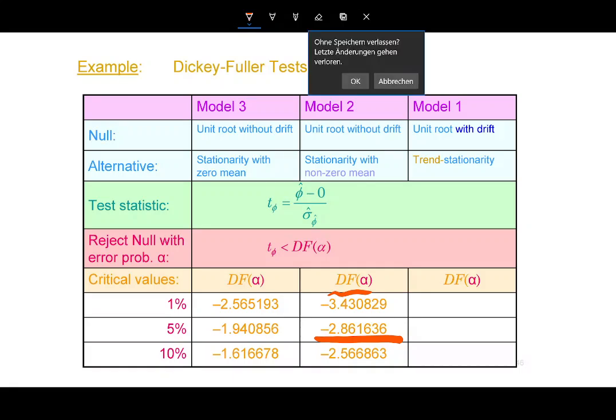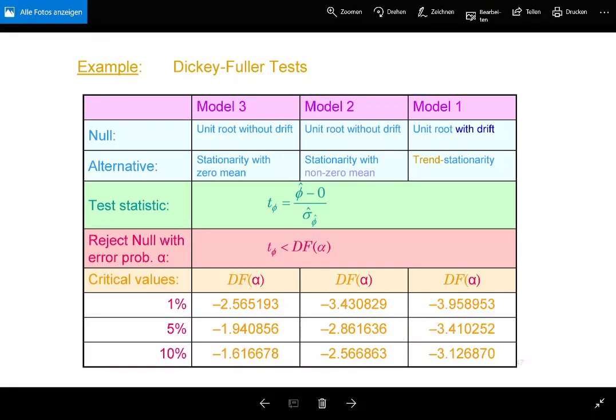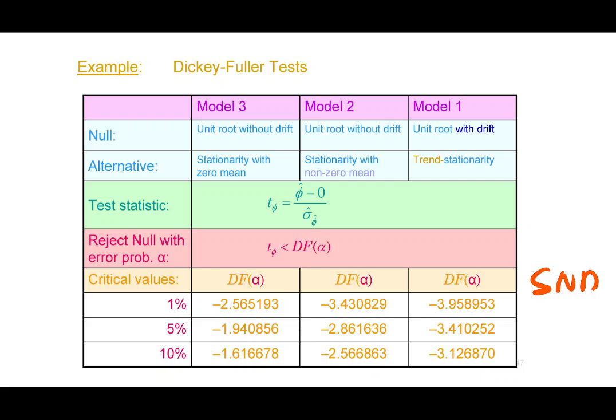Again, I'm going to put the standard normal distribution next to it. I cannot recall what the 1% quantile of the standard normal distribution is, but anyway. The 5% quantile of the standard normal distribution, if I recall it correctly, is approximately negative 1.64, but I'm not sure, just for comparison. Let's say the test statistic was equal to, I don't know, negative 1.8, just for the sake of argument.